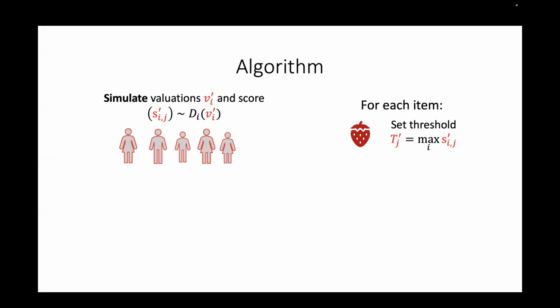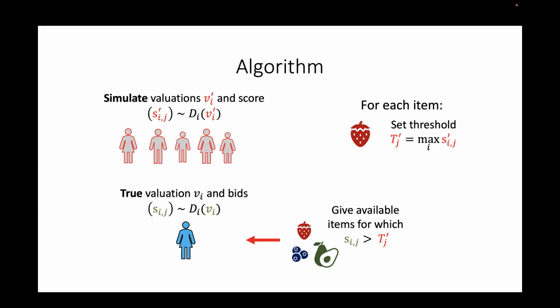So the algorithm will be: I will draw a sample from each of the valuations, B1 to B prime. I will pass these B primes through this random score generator, this function. This will generate a score per item per agent. And I will take each item and I will do what I did for the single item. I will set the threshold that is the maximum score for that item, just as in the single item case.